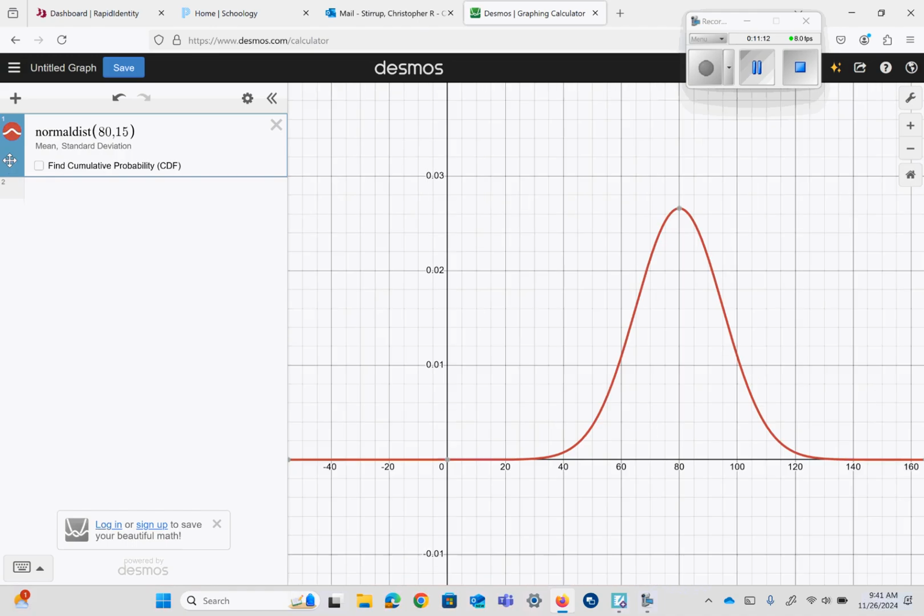So this is our new normal curve based on that. And we want the percent of students that get a 90 or higher. Minimum 90, maximum infinity. Wow, look at this. Because that teacher curved it, 25.2% of the students are going to get an A. I like that kind of curve.